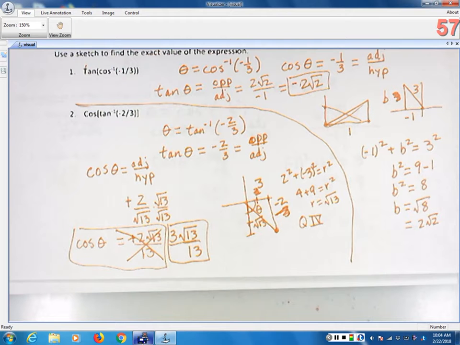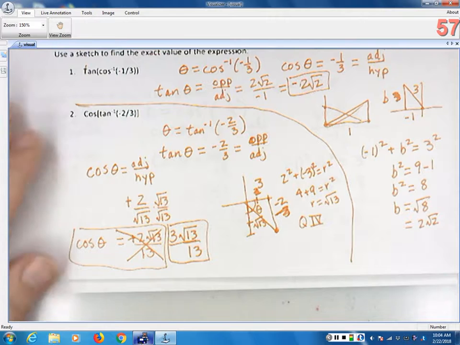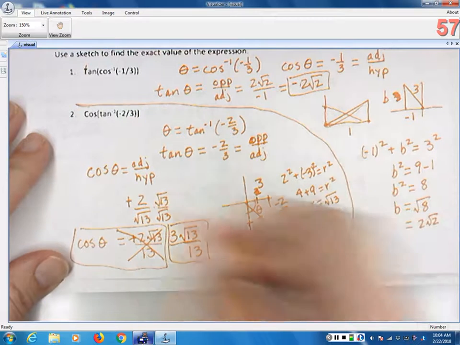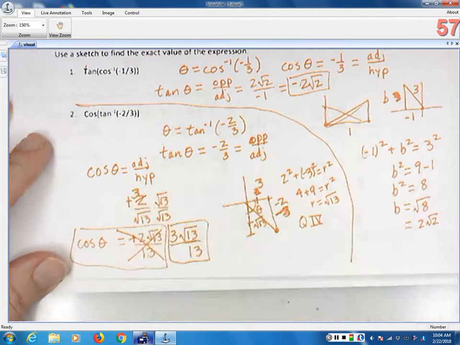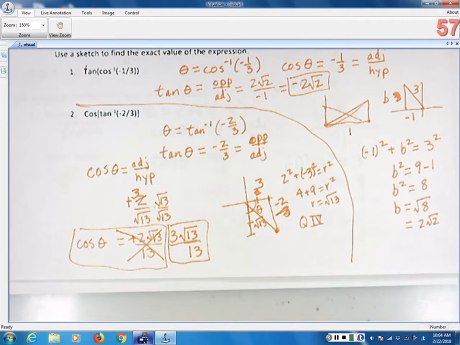And then you take the cosine, which is adjacent over hypotenuse, and it's 3 over the square root of 13. Any questions on that one?